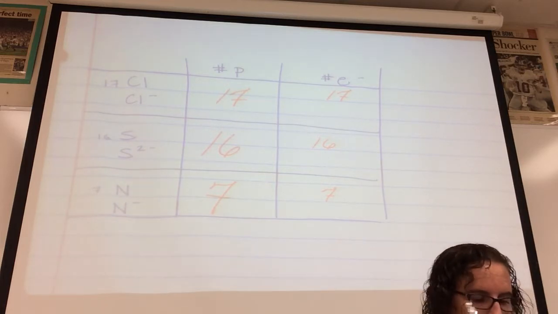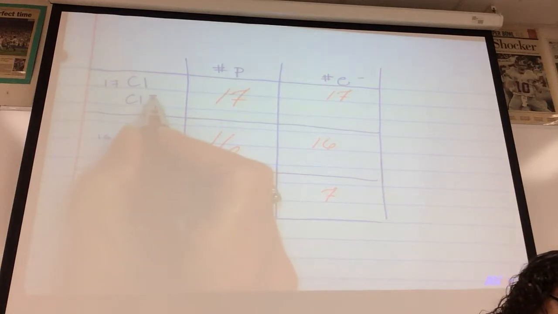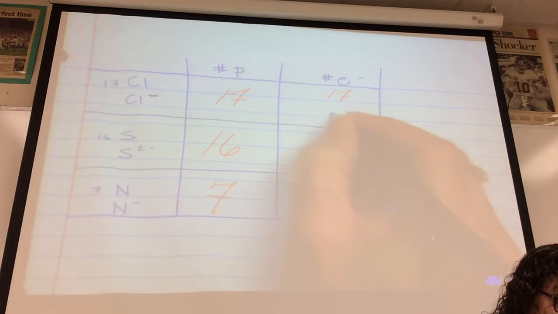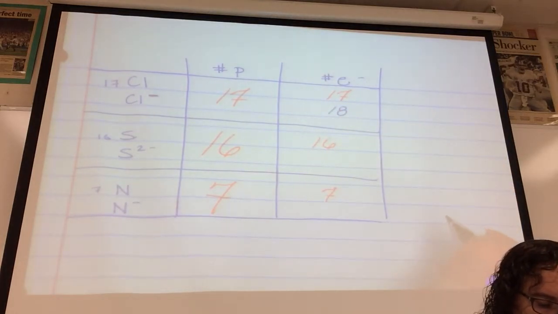Exactly, to have a balanced charge, a net charge of 0. The negative sign indicates that the atom has gained an electron, in this case 1. Now you have an ion, an anion, and you'll have a gain of 1, so you have 18 electrons.